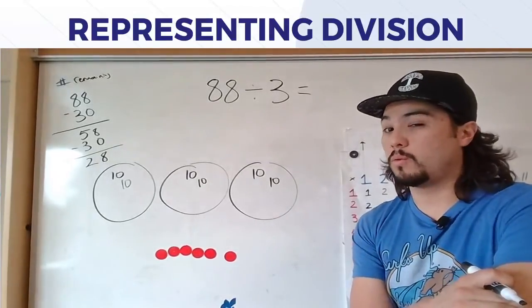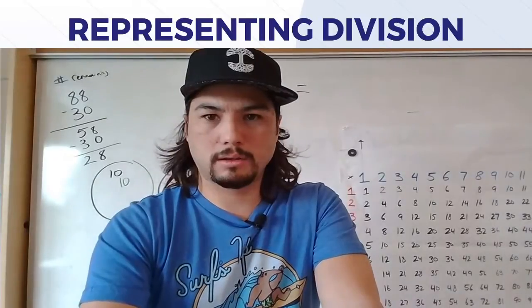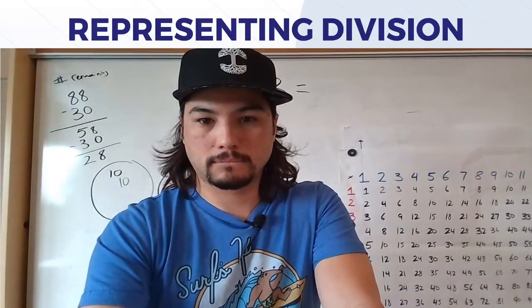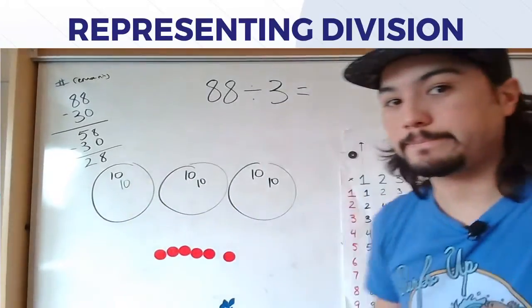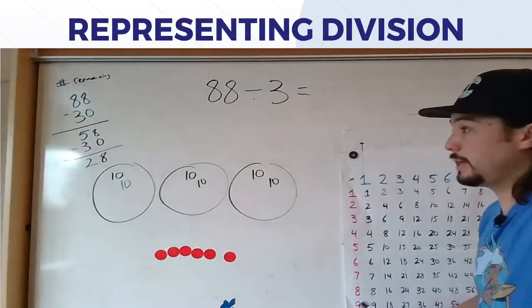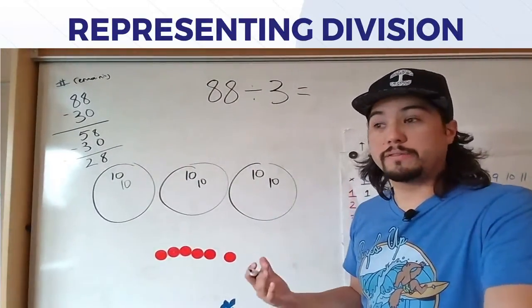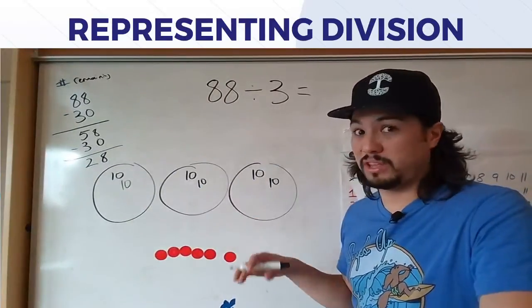No. Why can I not do 3 groups of 10 again? Because we've only got 28 left. I can't subtract 30 from 28. We're not working on negative numbers yet, and negative numbers don't really help us here.